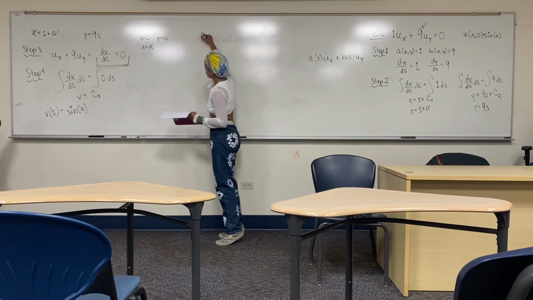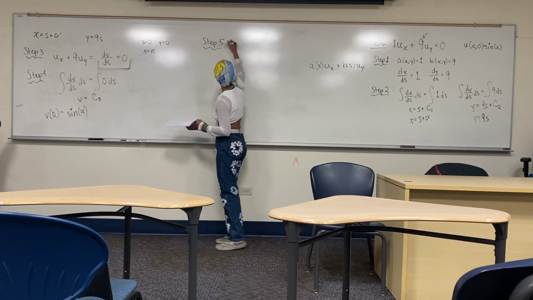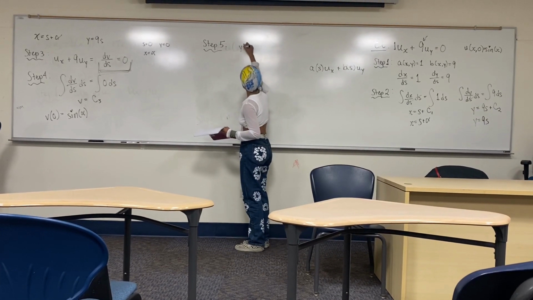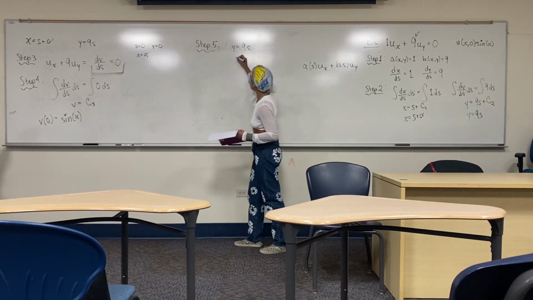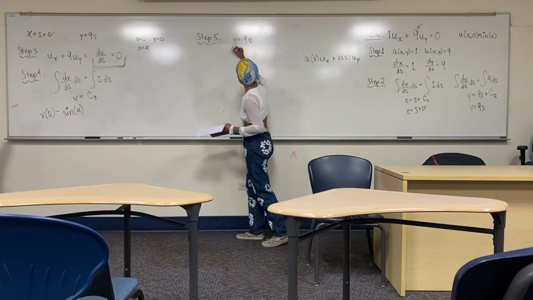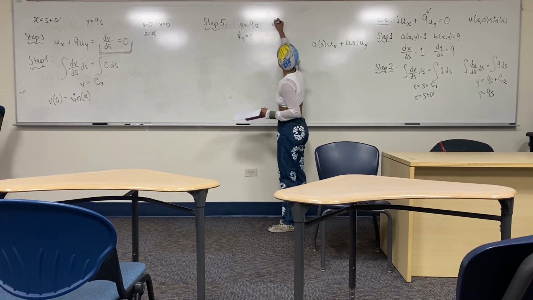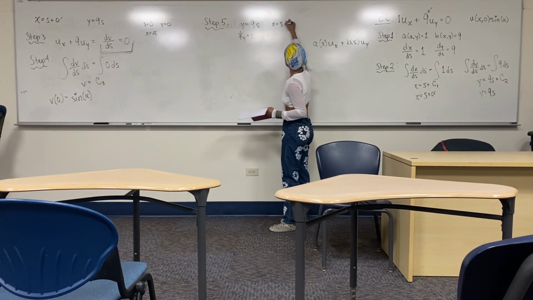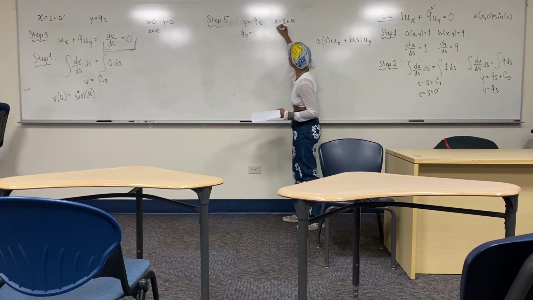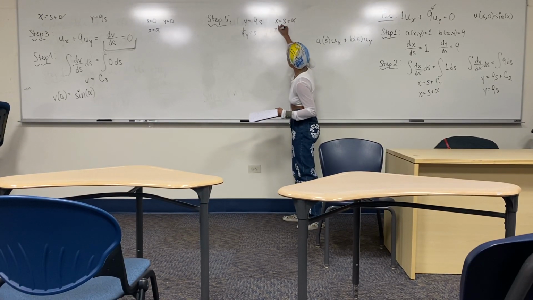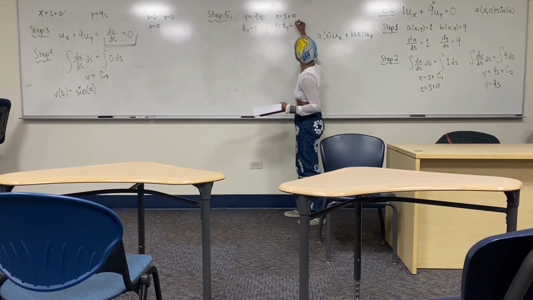So, step 5, y equals 9s. So we're just going to divide over that 9 to get s. We end up with 1/9 y equals s. All right, and we have x equals s plus alpha. Since we know s, we're going to replace that with 1/9 y. x equals 1/9 y plus alpha.